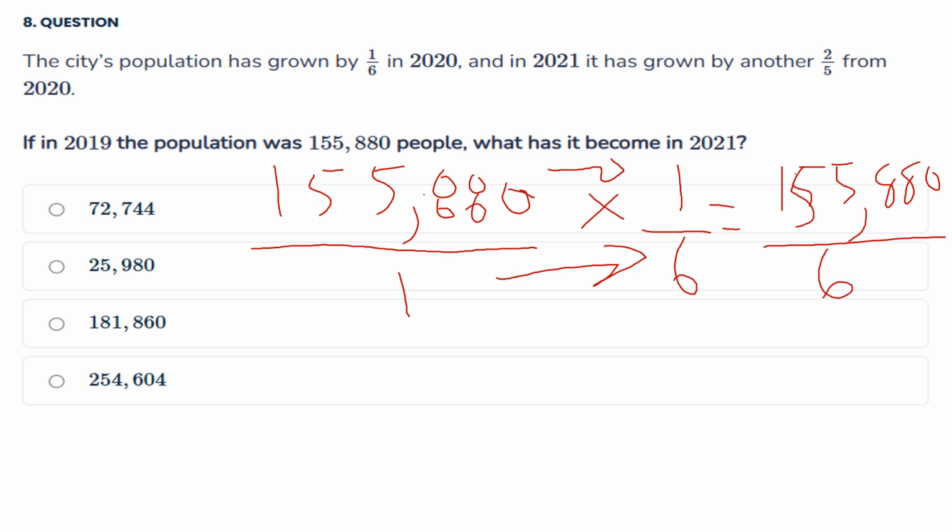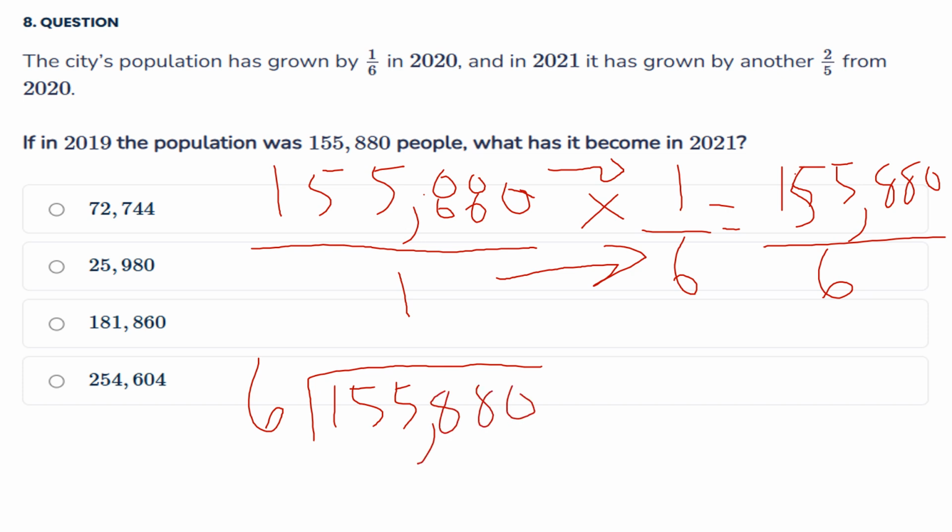So now that we have that figured out, now we need to simplify it. To simplify it, we're going to divide the numerator by the denominator. All right, 6. So 6 can't go into 1 evenly.